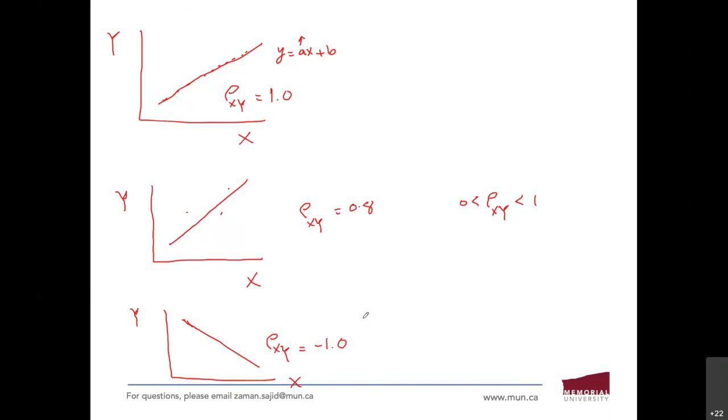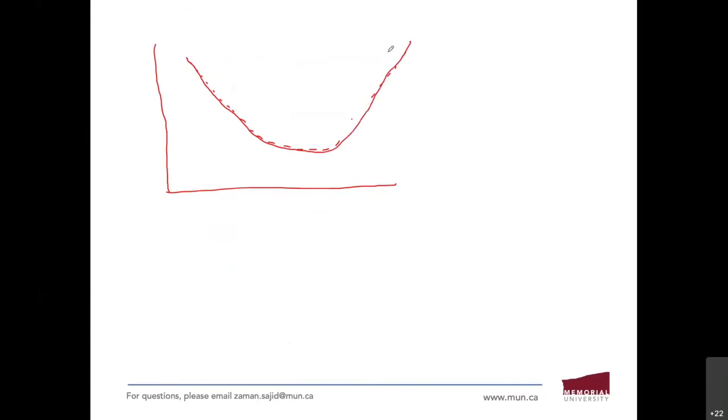Now, other than straight lines, you might have a graph with points like these. When you connect them, you find a shape similar to a parabola. And if you remember the general standard form of the parabola, y is equal to ax square plus bx plus c.